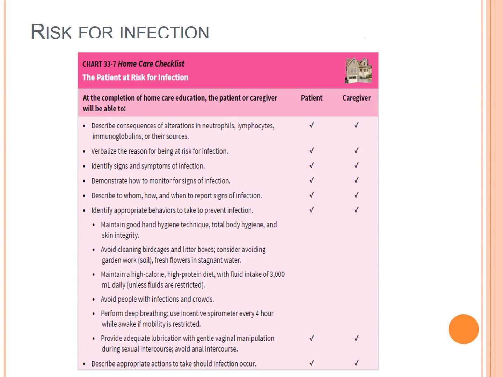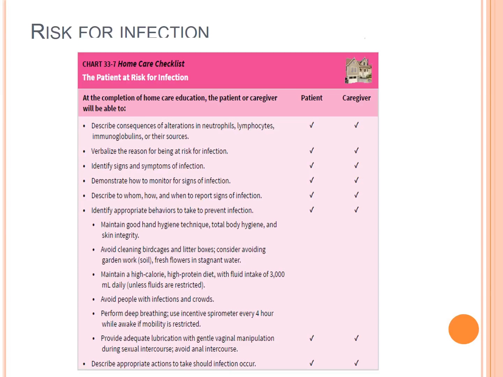All right, so like litter boxes, working in a garden where there's fresh soil, fresh flowers, so that can harbor bacteria and organisms that would severely harm patients who are at risk for infection, especially if they have neutropenia, which would be classified as a neutrophil count less than 500, or if they're receiving chemotherapy, sometimes a neutrophil count of 500 to 1,000 is considered neutropenic. So we have to be aware of that.